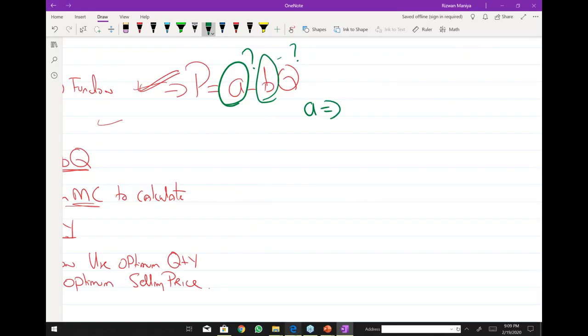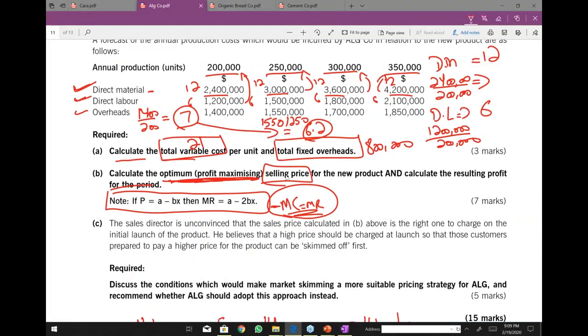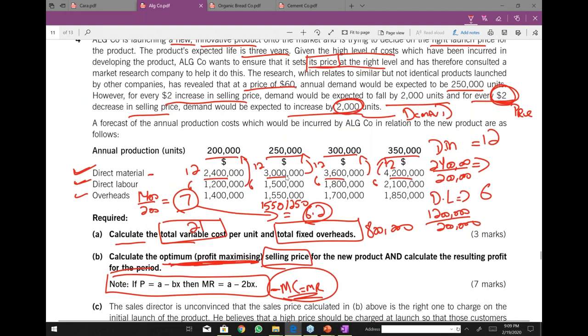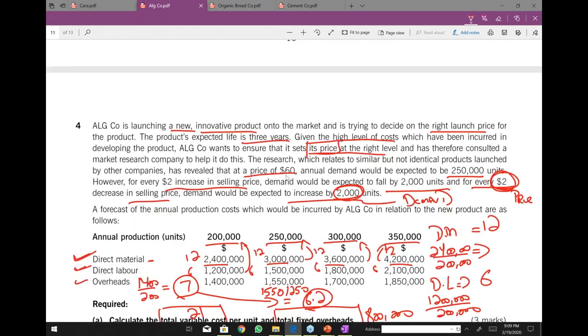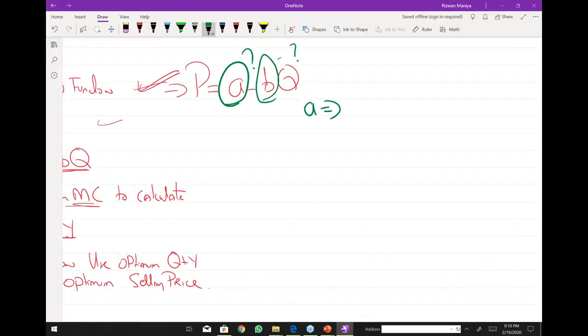Now, I will be using the estimated numbers of a similar product to gauge the idea. So I will be using the information that is given here, that at a price of 60, the demand expected is 2,50,000. So this is something I'm treating as the current price and the current demand as well. So the formula says price is 60 plus, at this the demand is 2,50,000.